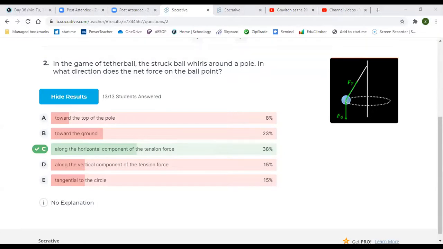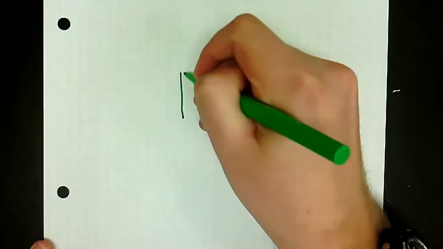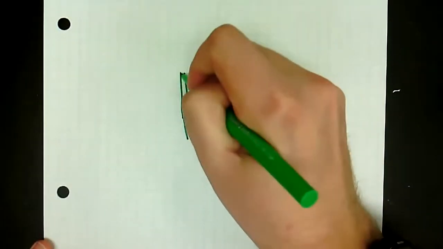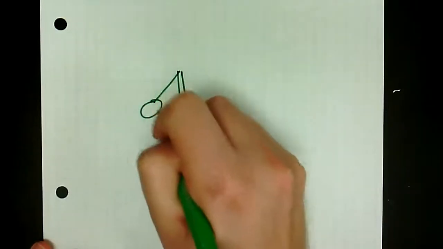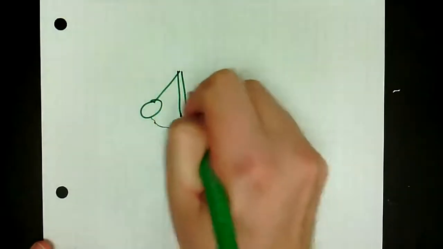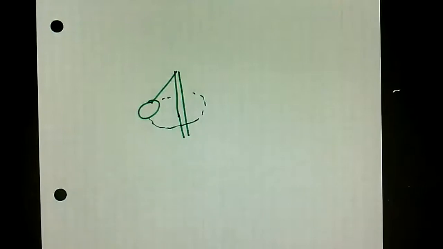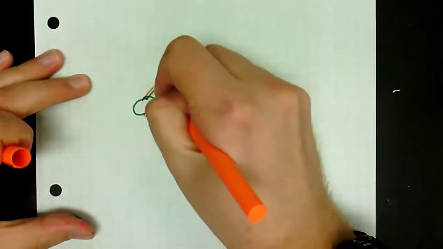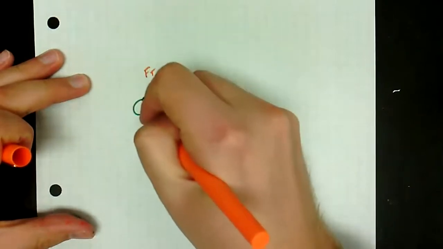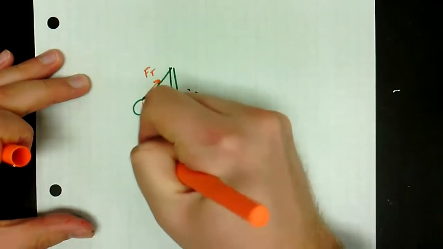So the idea, just from our earlier picture, is we know that to go in a circle, you have to have a centripetal force that points towards the center. If you've got a pole and a ball going around the pole, like this, it's a terrible drawing. But in essence, you have a tension force that's going this way, and you have a force of gravity.